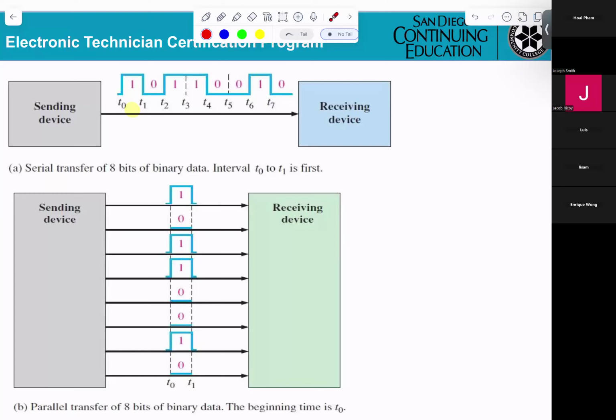Who knows how many bits in your computer for address? 64?